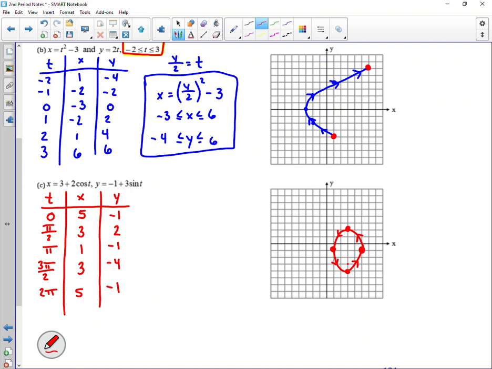Okay, how do you suggest we eliminate t from this function? Arc sine and arc cosine? Oh, yeah, I think we could do that. But then that would be a lot of simplification.